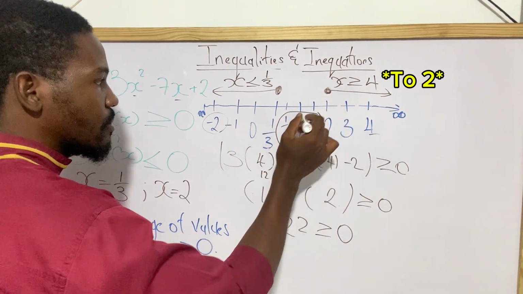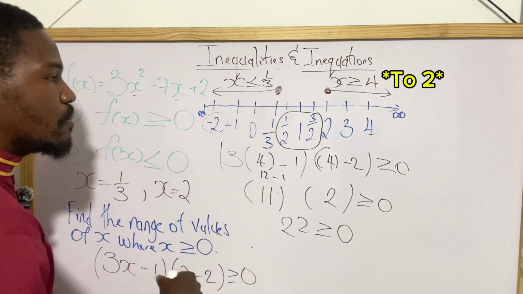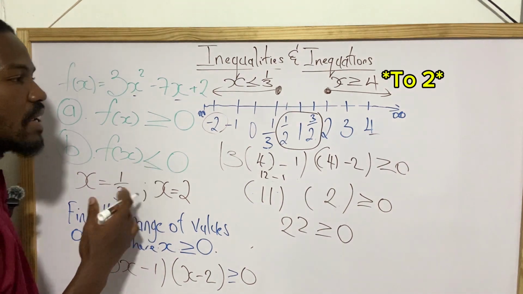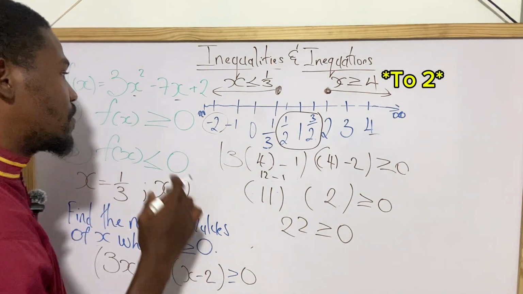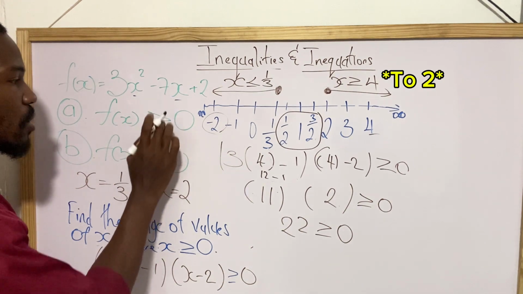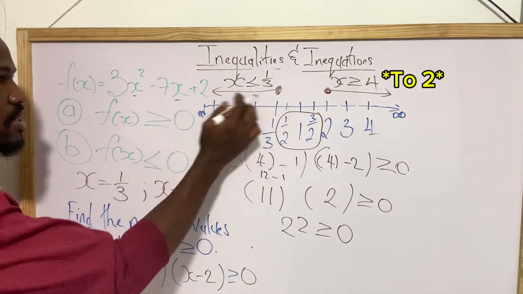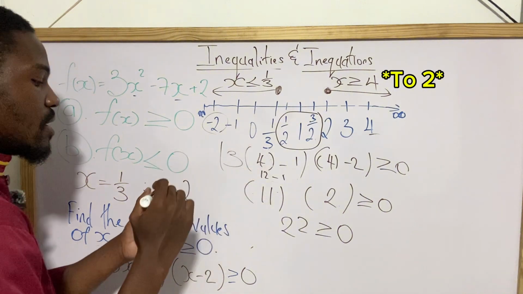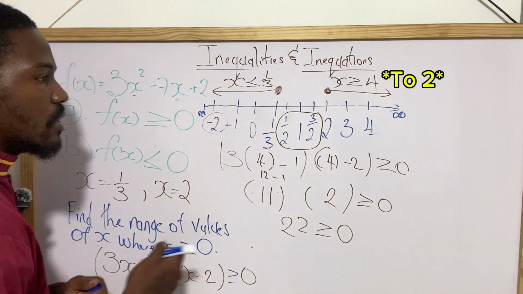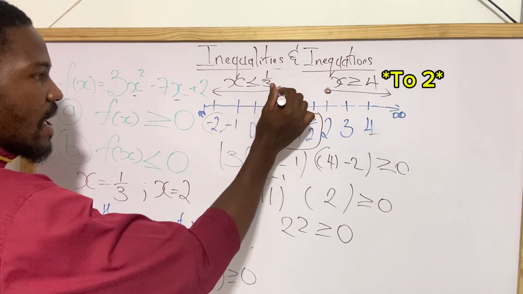So even in doing this, we can see that these numbers right here, let me just highlight them. These numbers would be the range of values of x where f of x is less than or equal to 0. Because if you solve this, this is actually going to tell you that this literally is the opposite of this. So if this is here and this is there, then it's obvious that in solving this part of the question, we know that we could actually highlight here.